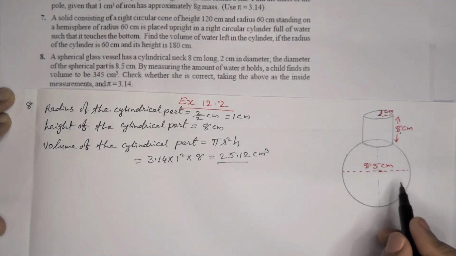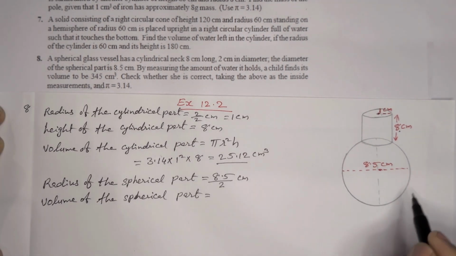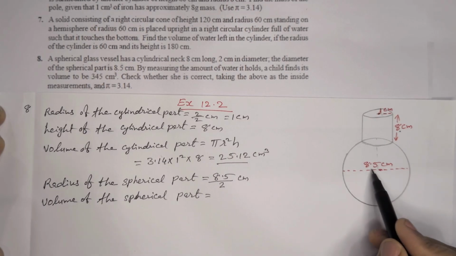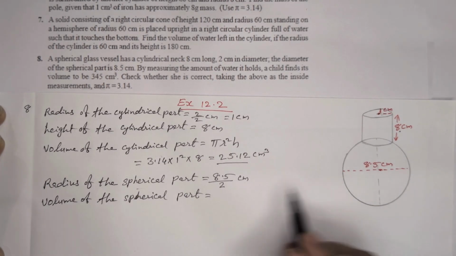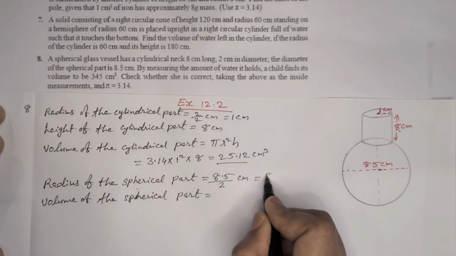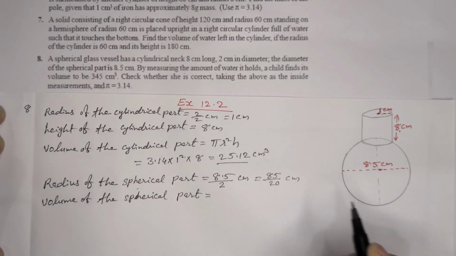Now the diameter is given, and we have to find the volume of the spherical part. The diameter is given as 8.5 cm. So radius of the spherical part is equal to 8.5 by 2. We can remove the decimal point, that is 85 by 20 cm.